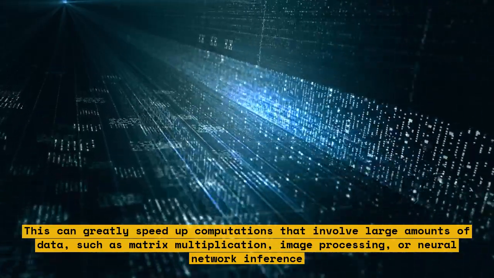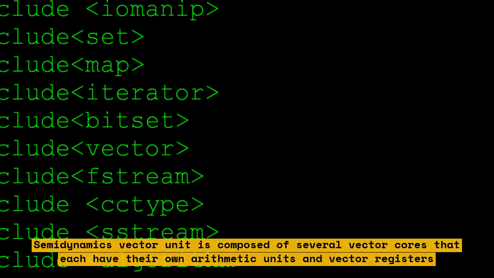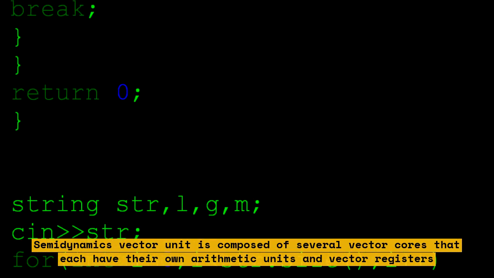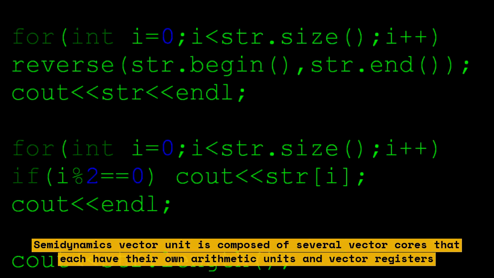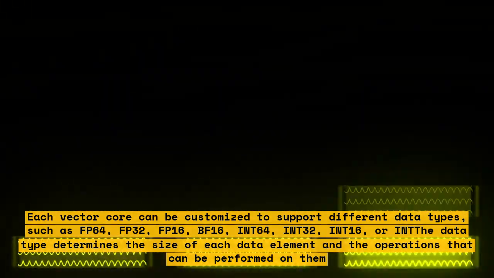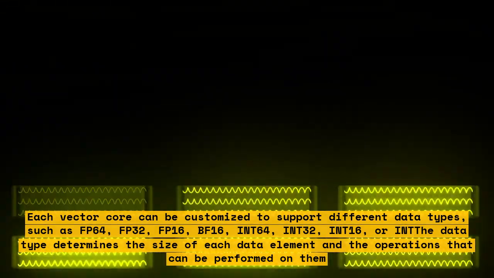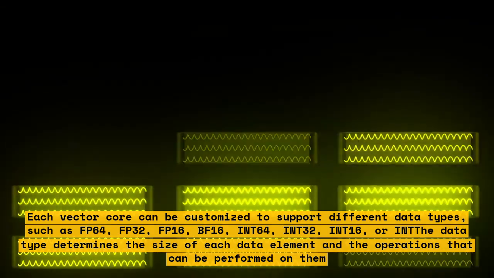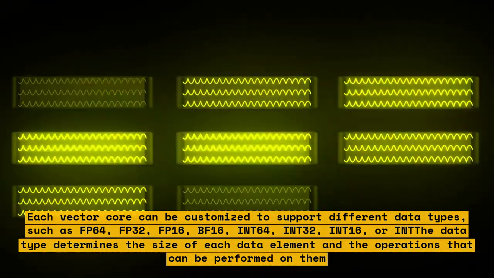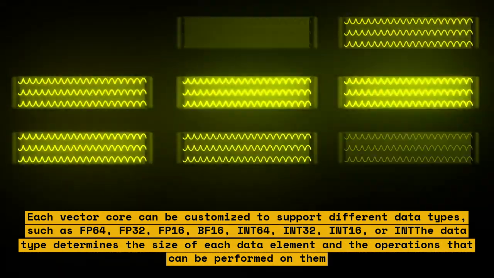network inference. Semidynamics vector unit is composed of several vector cores that each have their own arithmetic units and vector registers. Each vector core can be customized to support different data types, such as FP64, FP32, FP16, BF16, INT64, INT32, INT16, or INT8.